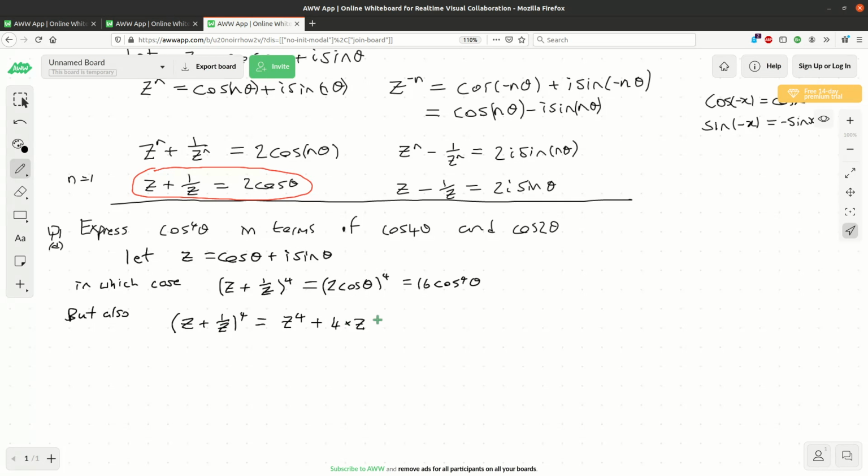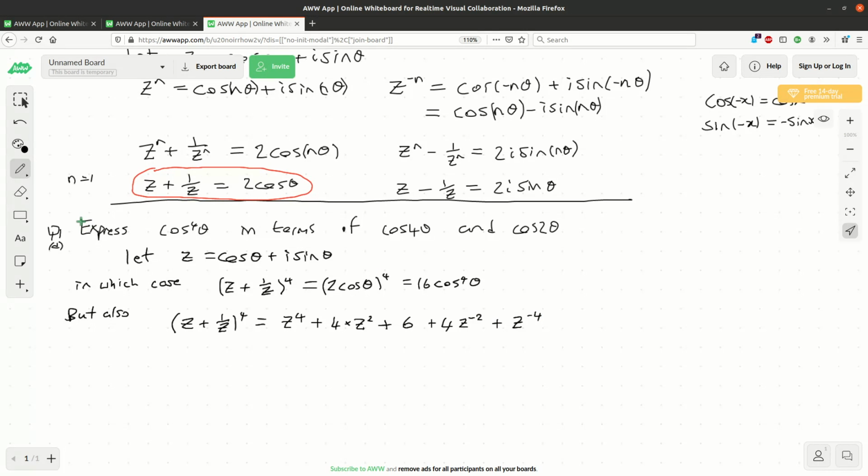Then you have 6 z squared times 1 over z squared, and they cancel. Then 4 times z to the power of 1 times 1 over z cubed, so you get z to the minus 2. And lastly you get z to the minus 4. It will be, every single time, beautifully symmetrical. So make sure that yours is symmetrical, or you've done something wrong.